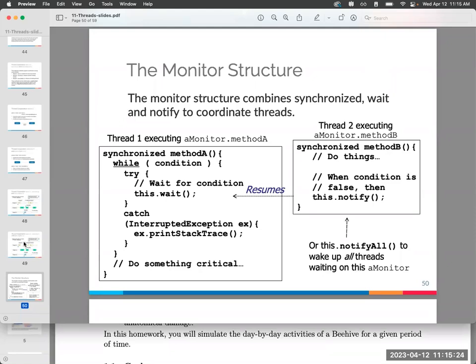We want you to use this design pattern that I'm going to show here, which is essentially one of the ways you can use the pair of wait and notify all. This is not standard nomenclature. I have considered many times removing the word monitor and calling this something else to avoid confusion. But as long as you understand that these two things are not the same.